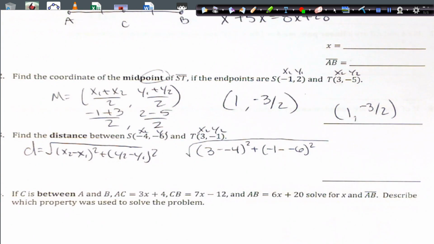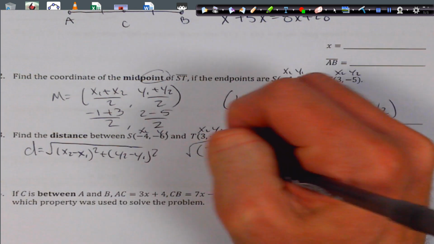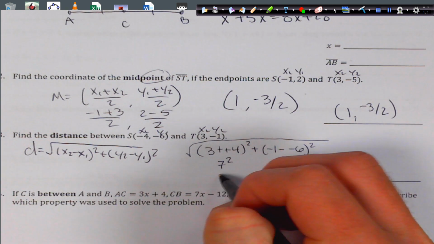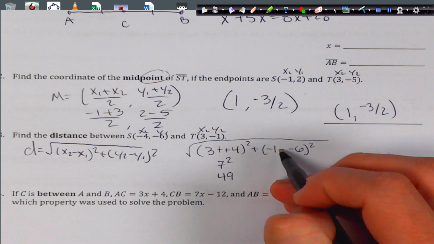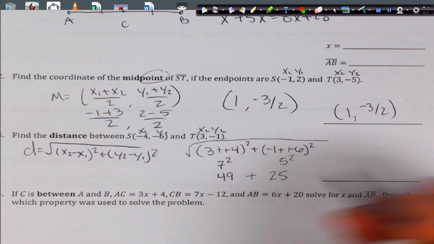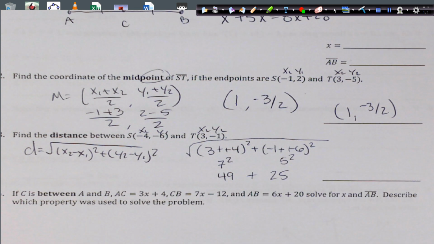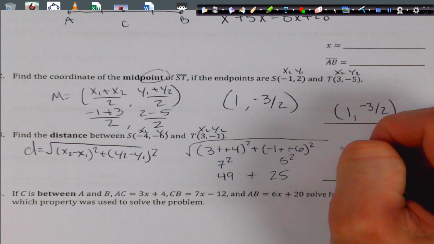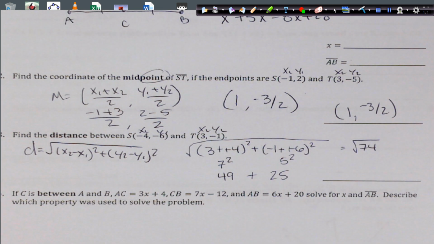Two negatives make a positive, so that's going to become 7 squared, or 49. Two negatives make a positive, so that's going to become 5 squared, or 25. And we're going to add those two together. Okay, and so 49 plus 25 makes the answer the square root of 74.